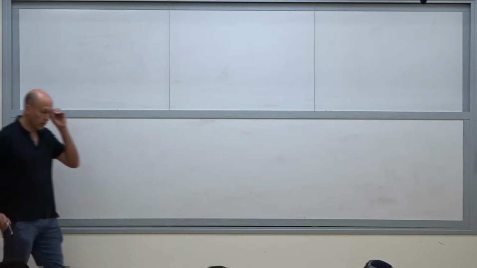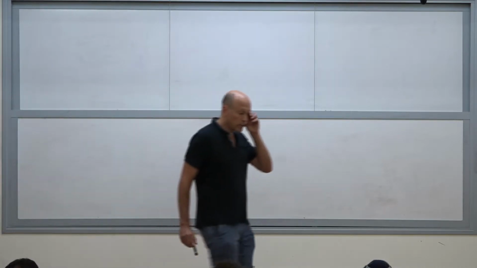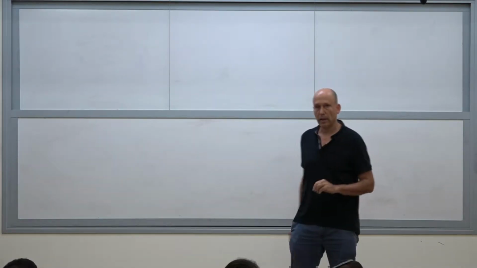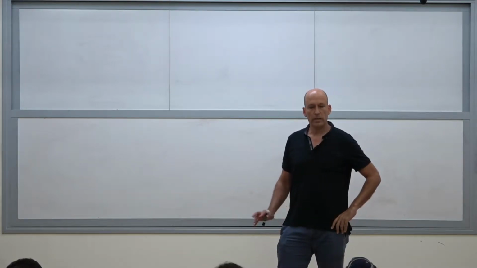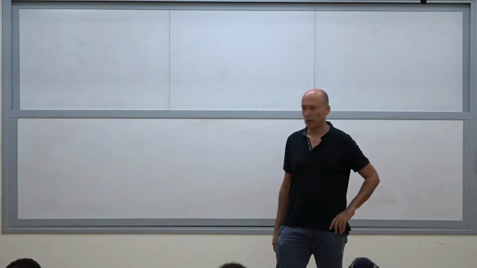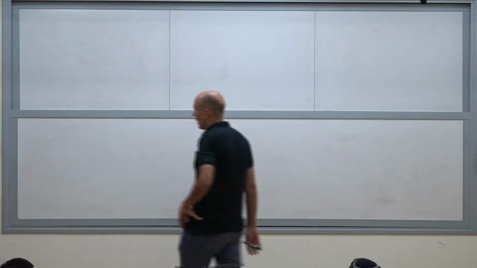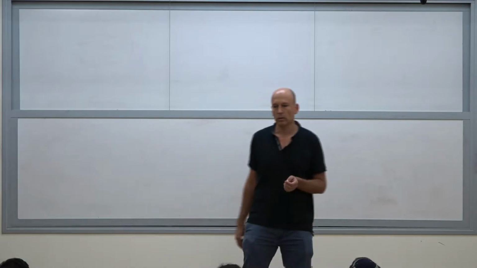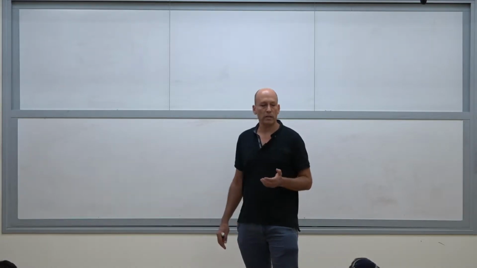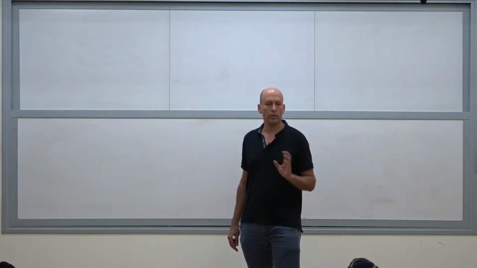Good afternoon, everyone. We started last lesson discussing the fundamentals of quantum mechanics, and this lesson we will continue doing the same. The heart of quantum mechanics is the wave function, and the wave function has a probabilistic interpretation.